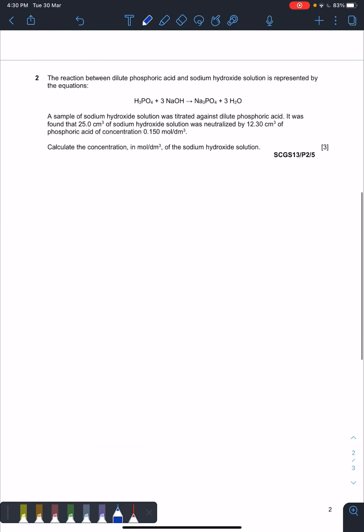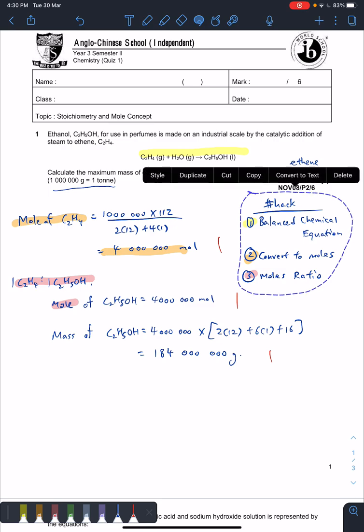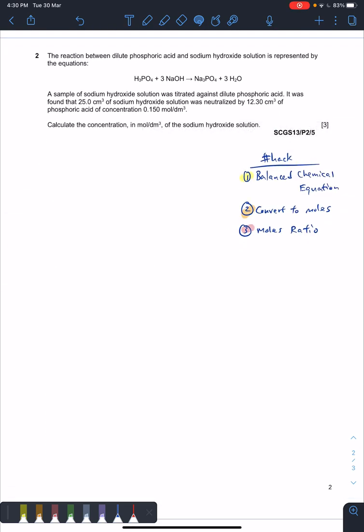So let's take a look at the practice question. You can pause the question now to try. Alright, let's take a look. So same thing. First step, equation is given. Second step, let's change to mole. So there's a lot of numbers here.